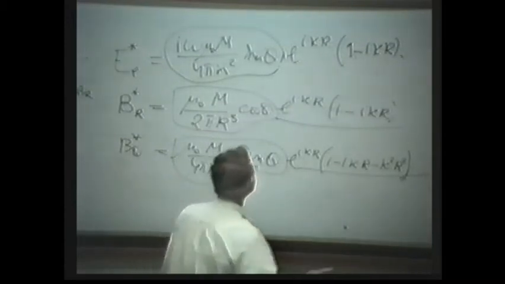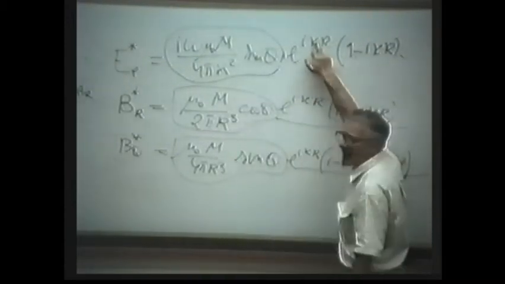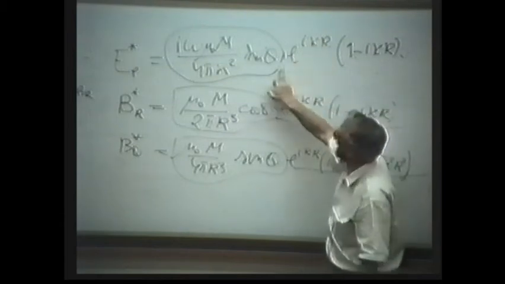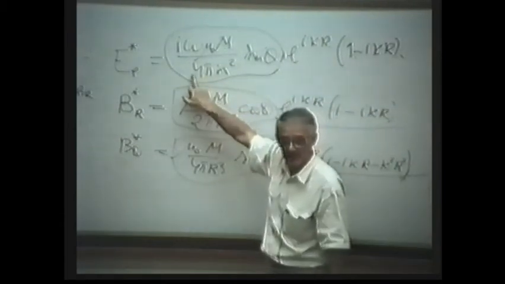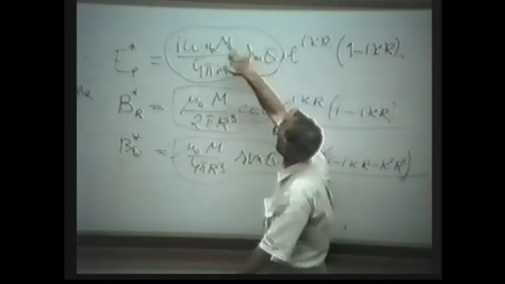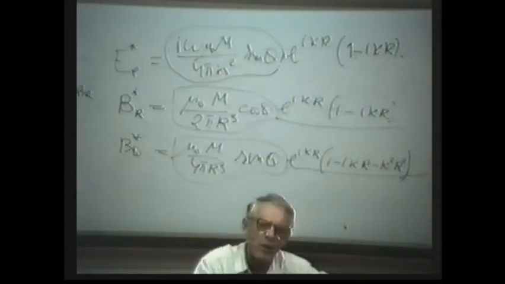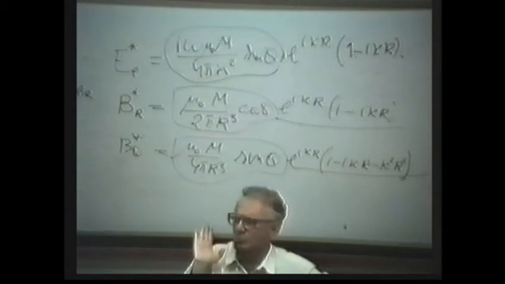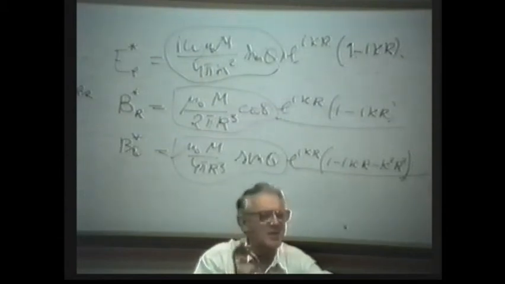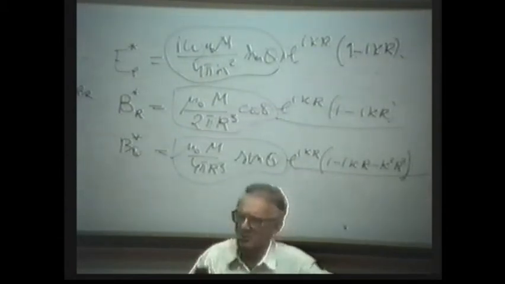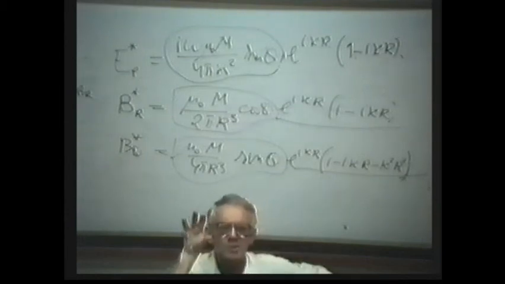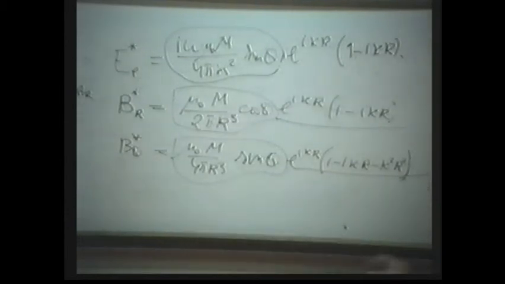Now, when I started to decrease k, finally I took an insulator, I got this expression, correct? So this expression is the primary electrical field. Now I don't want to consider an ideal insulator. I would like to consider a real medium.